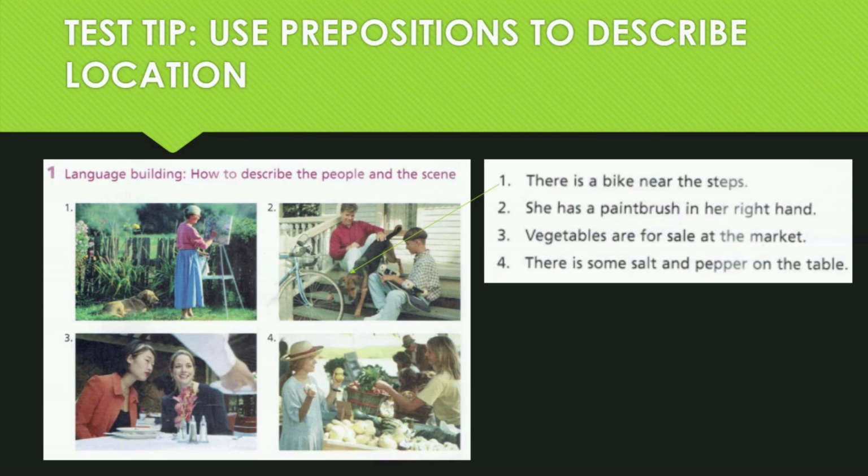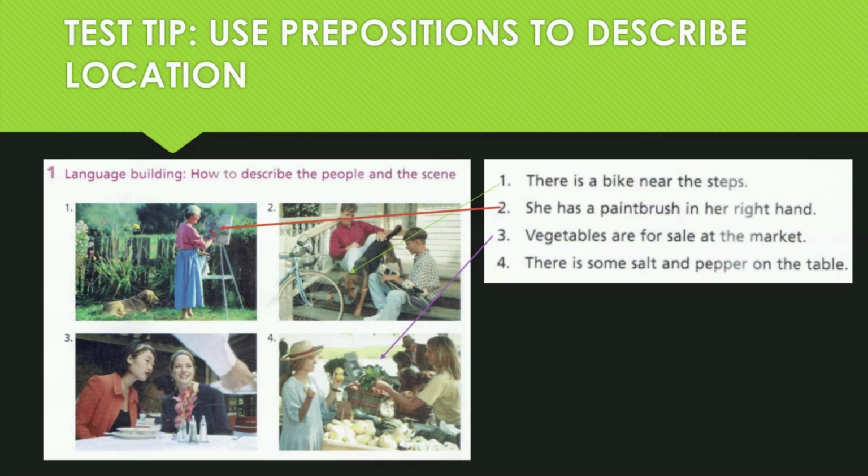So number 2 describes picture number 1. Sentence number 3. Vegetables are for sale at the market. The preposition that we used is at, and it describes picture number 4. Sentence number 4. There is some salt and pepper on the table.